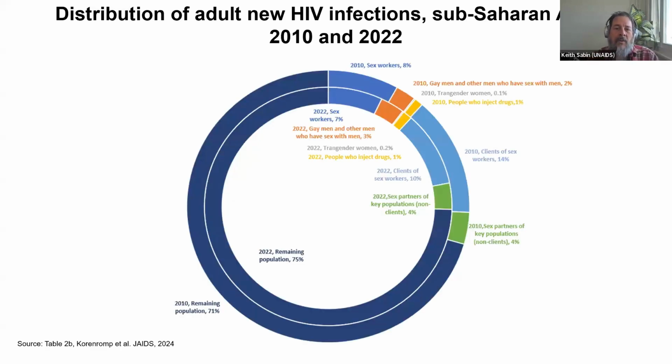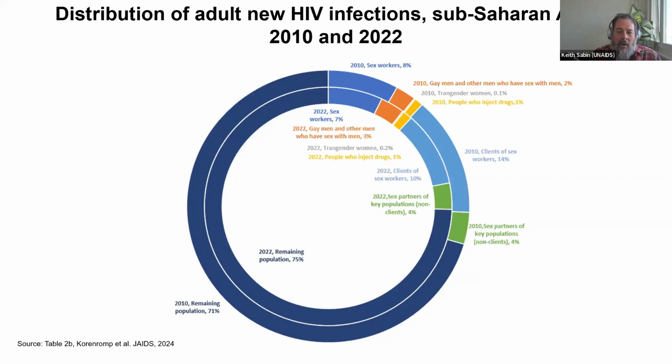Here is the distribution by subpopulation within sub-Saharan Africa. And we see very little change among the distribution of new infections among key populations as it relates to those among the remaining population. We see a little bit of an expansion, we see a decrease in the number of new infections among clients of sex workers.